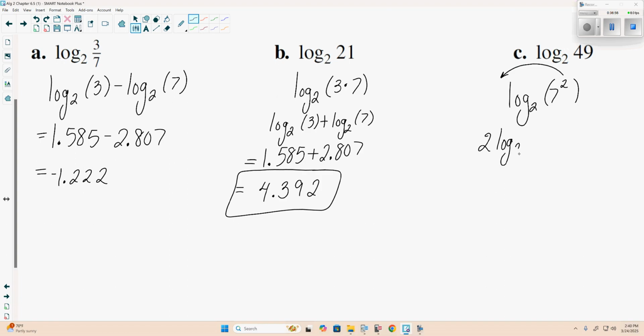Let us say we have log base 2 of 7 squared, or 2 times log base 2 of 7. And log base 2 of 7 is 2.807, so that gives 5.614.